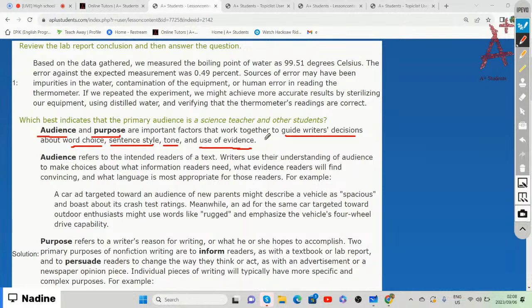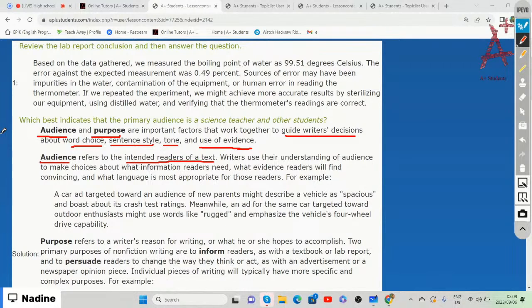So when it comes to audience, audience refers to the intended readers of a text.